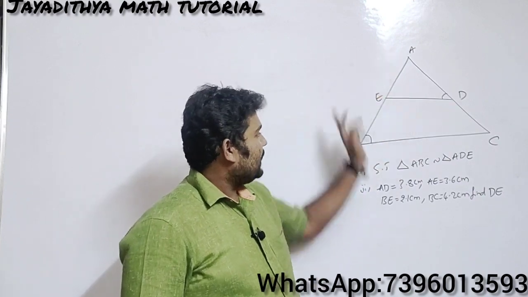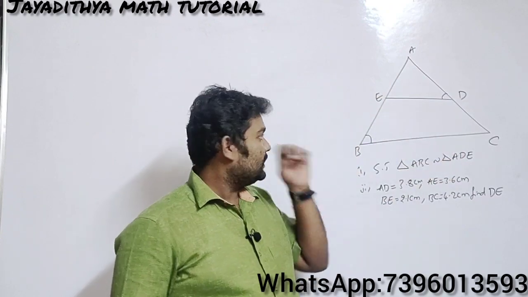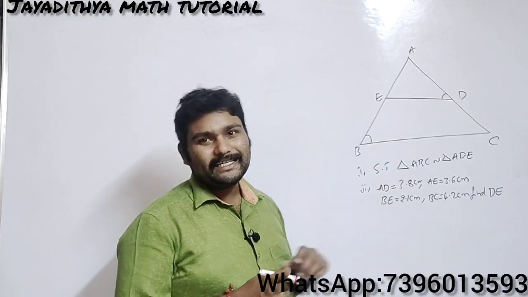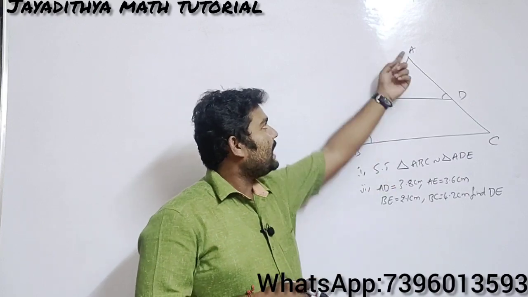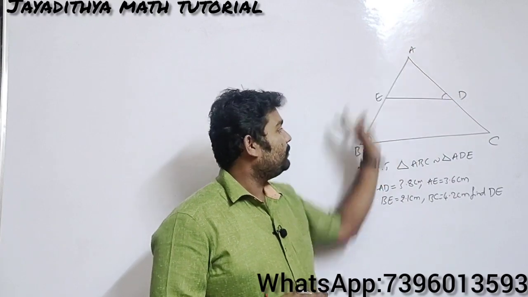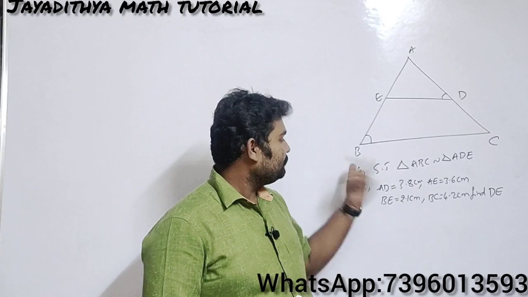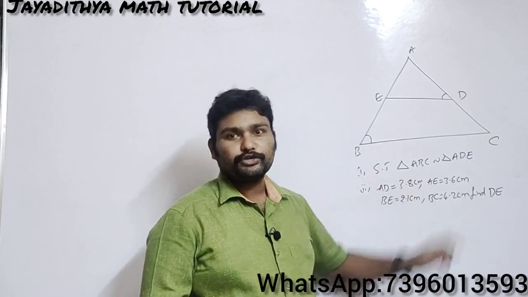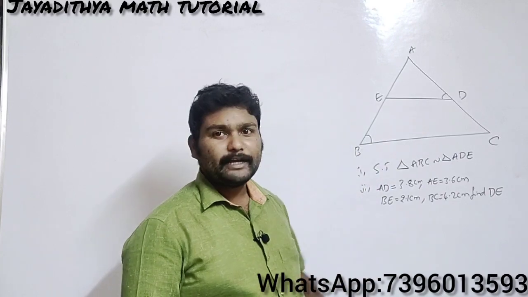In this triangle ABC, there is a line DE, and he has given one condition here: angle B is equal to angle D. First of all, he is asking us to show that triangle ABC is similar to triangle ADE. So you got the hint in the question itself. Next, he has given some measurements. By using these measurements, you need to find the DE value. So let us try to solve this problem.